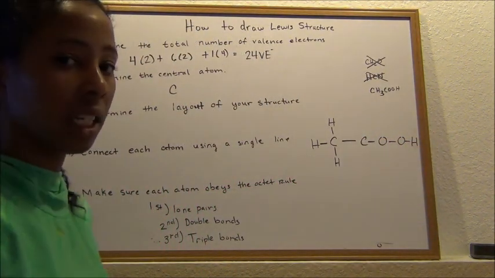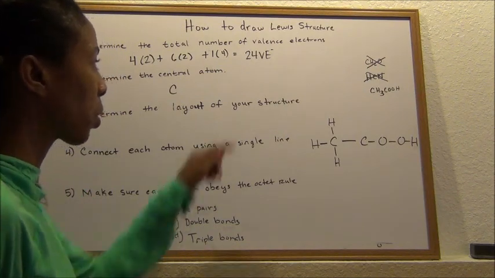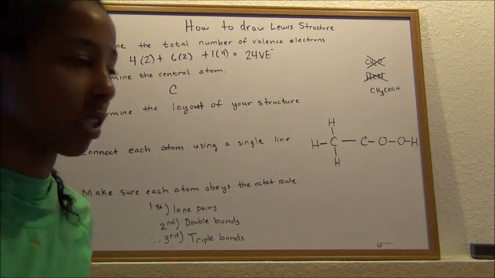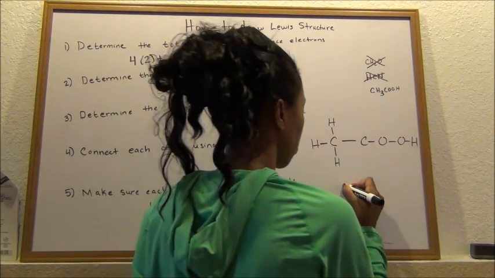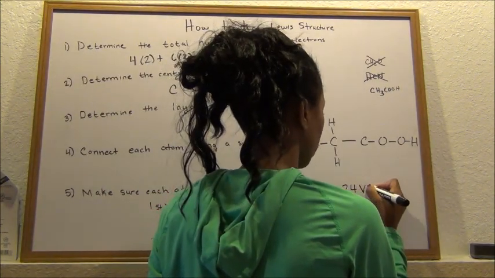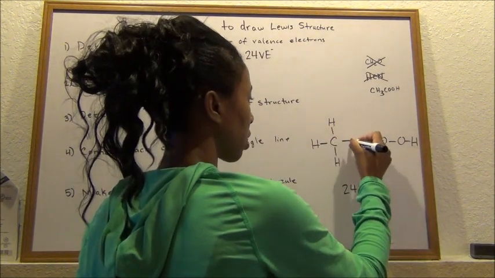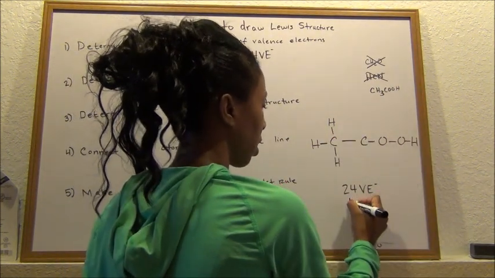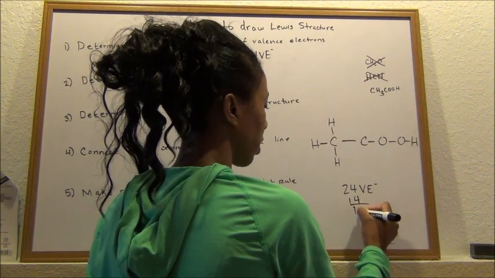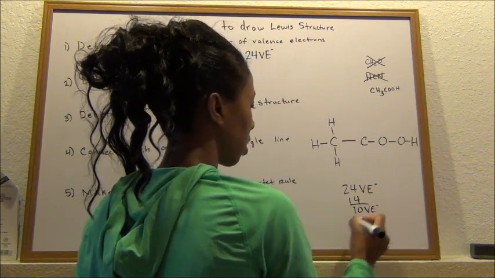Now that I've connected each atom using a single line, I'm going to subtract it from the total amount of valence electrons. So I have 24 valence electrons, and I've used up 2, 4, 6, 8, 10, 12, 14. So that leaves me with 10 valence electrons.